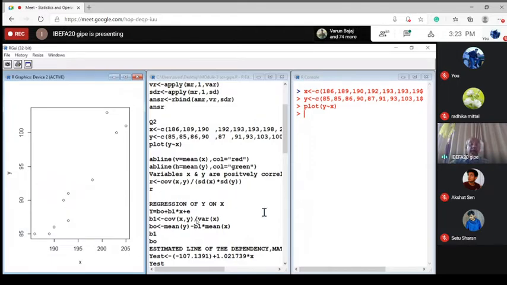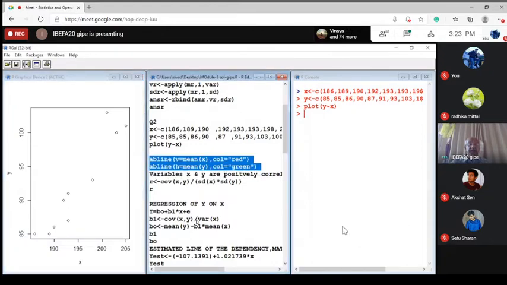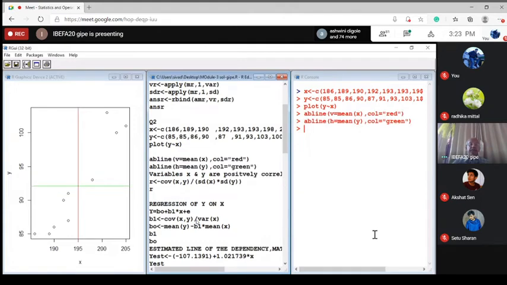I have plotted the mean and mean for the data, and the points are well defined in the second and the third quadrant. This is positive correlation.